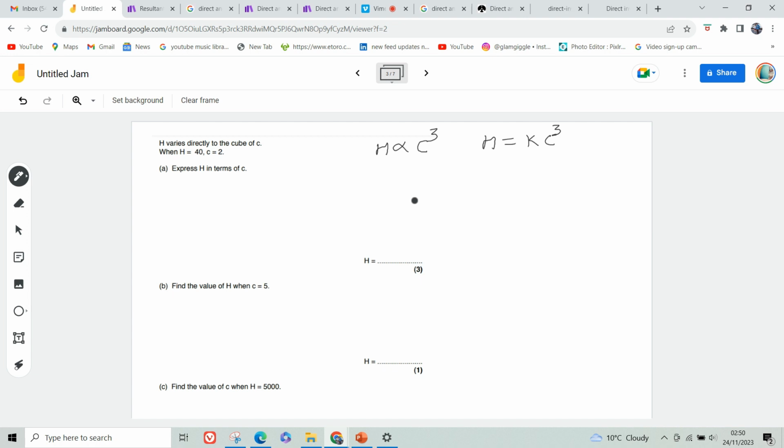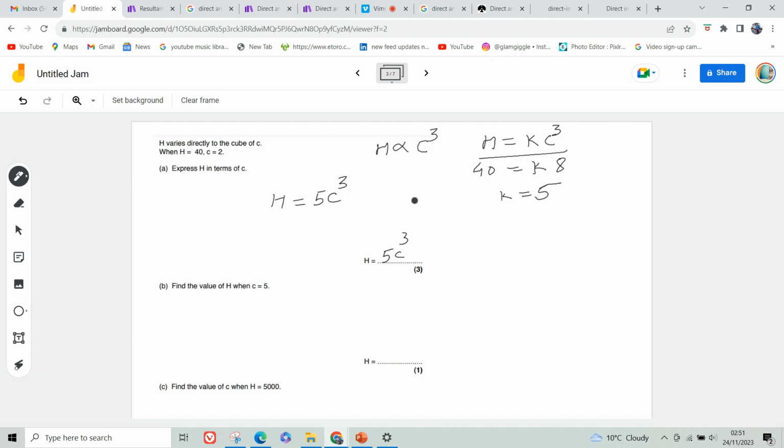Simply substitute the value of h as 40 equals k times 8, or 8k, rearranging the equation, so k equals 5. Now express h in terms of c. Simply in this equation sub the value of k as 5, so you will get h equals 5c cubed. So write it as 5c cubed, and simply you get 3 marks straight away.